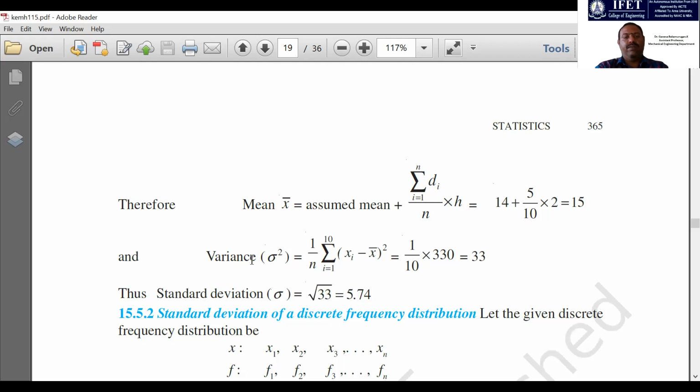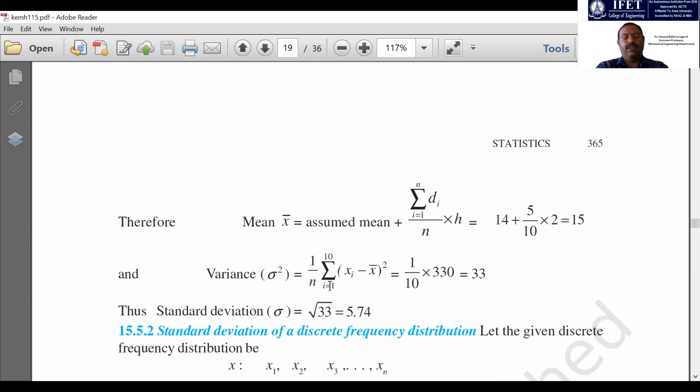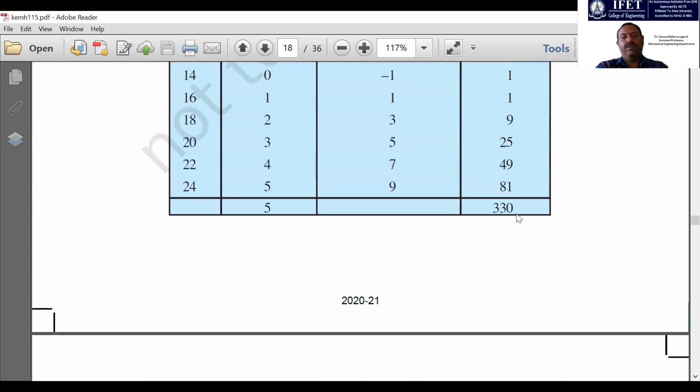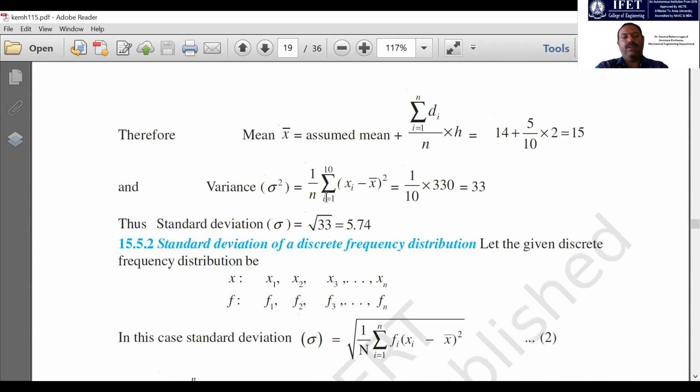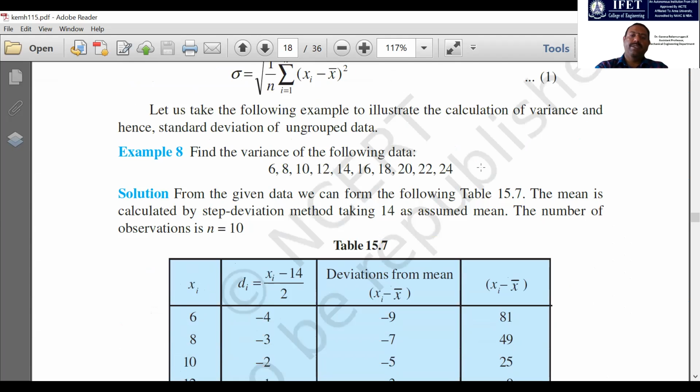The variance is 1 by n times the summation from i equals 1 to 10 of xi minus x bar whole square. This value is 330, and if you divide by 10, you get the variance of 33. Then if you take the square root of 33, it is 5.74. So 5.74 is the standard deviation from the mean value of these 10 observations.